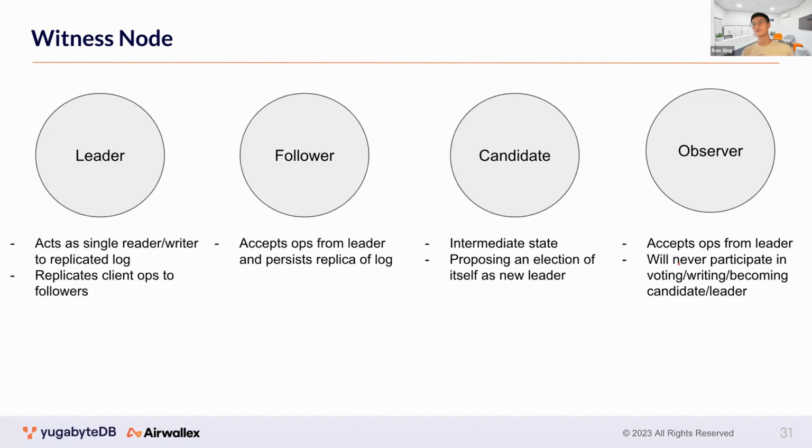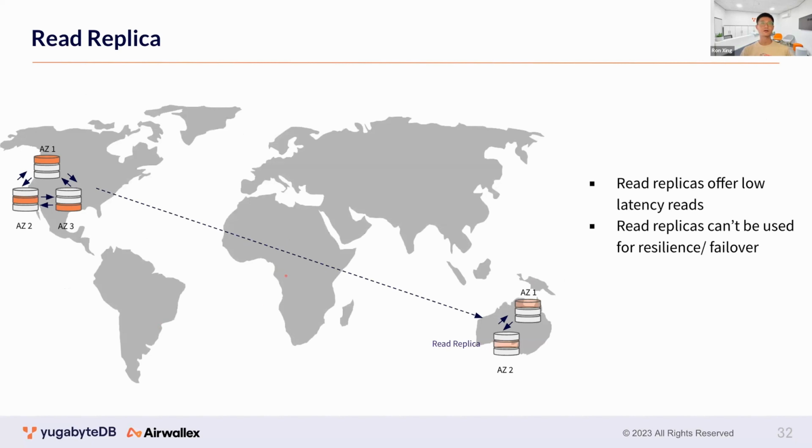But this observer will never participate in the voting or writing or becoming a candidate or leader. So when your primary site, all your leaders and followers, are gone, you won't be able to use the observer. So this is a typical architecture of replica.